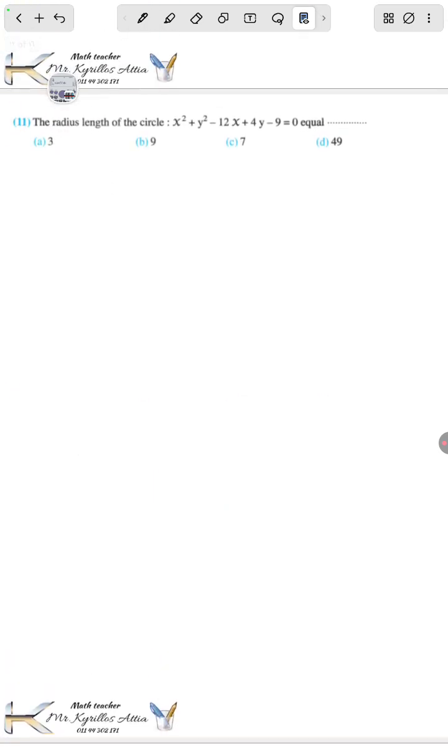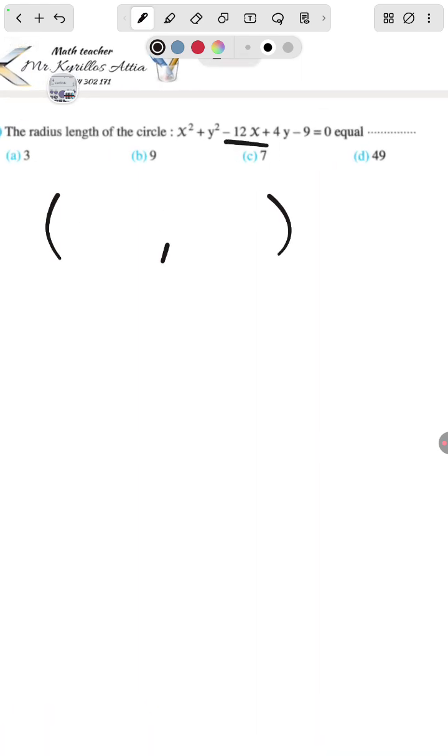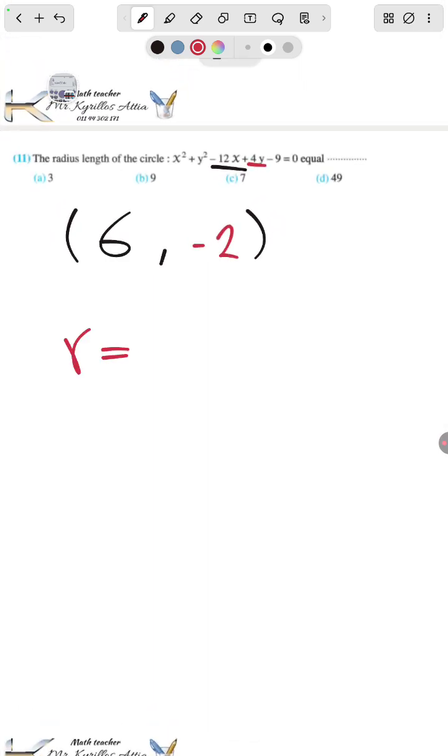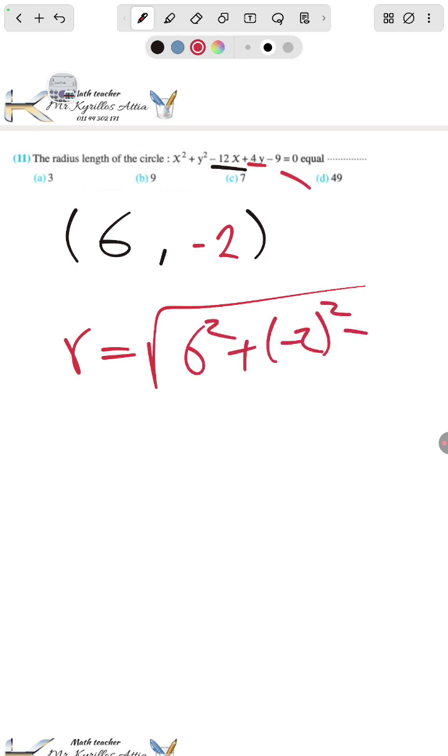The radius length: firstly we can get the center of the circle by taking the coefficient of x over -2, -12 over -2, which equals 6, and the coefficient of y over -2, 4 over -2, which is -2. We can now get the radius equals root of 6 squared plus -2 squared minus the absolute term with this sign, so it will be minus 9.